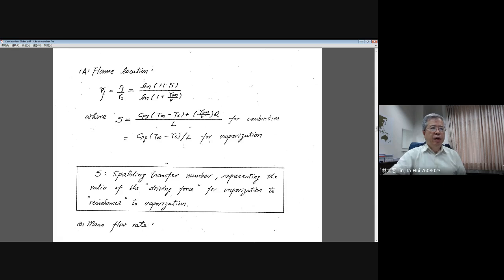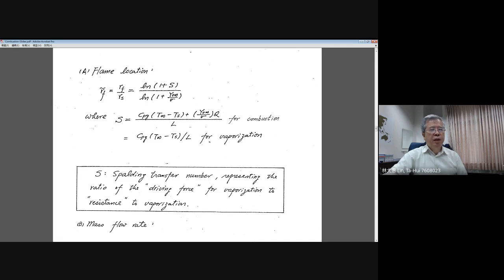Okay, this is for vaporization. But for combustion, since you have an additional burning flame surrounding your droplet, the heat of the combustion released through the diffusion burning will have another contribution to the heat transported to your droplet. The first term of the formula tells you there is some heat coming from the temperature difference between the surroundings and the droplet surface.